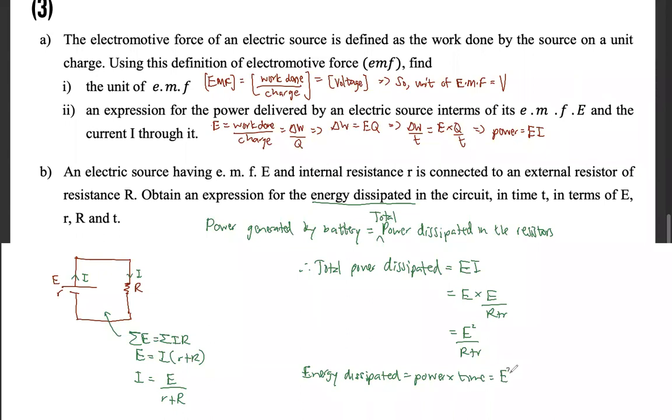Power is E squared over capital R plus simple r, multiplied by time, simple t. Therefore, the final answer is E squared t over capital R plus simple r. This is the final equation. Very simple, even though it looks complicated. If you follow the basic steps, getting the final answer is not difficult. So the total power dissipated will be the total power generated by the battery.